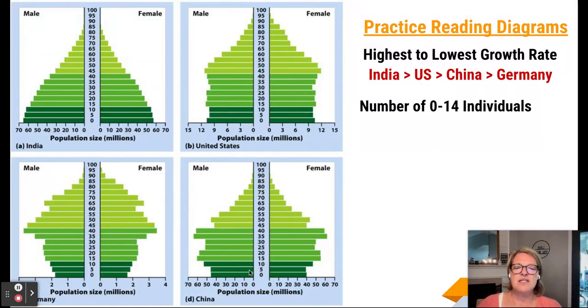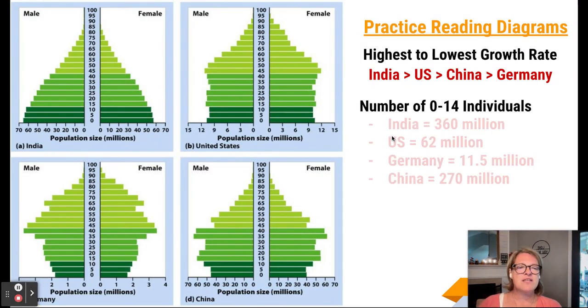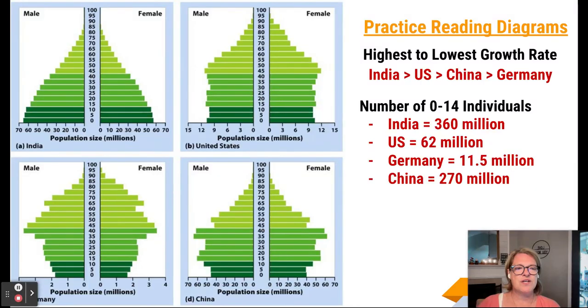The US, it's a little more stable, you can see here, but it is growing just a little bit. If we looked at these reproductive ages, we'll probably see a little bit more growth here in the dark green eventually. Right now, it's almost stable. And then this is Germany, which we've already discussed. They have a declining population because we can see that base is more narrow. So that's the order with how those look.